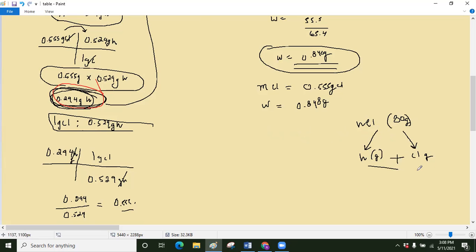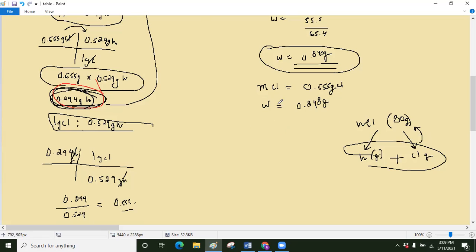And both of these would have to add up back to 80. And that is the only way you could have hydrogen chloride of 80 grams. That's essentially what the law of conservation of mass says: if you have a particular amount of any element, and you add that to another element, the addition of their mass, which in this case is grams, should be the product's weight.